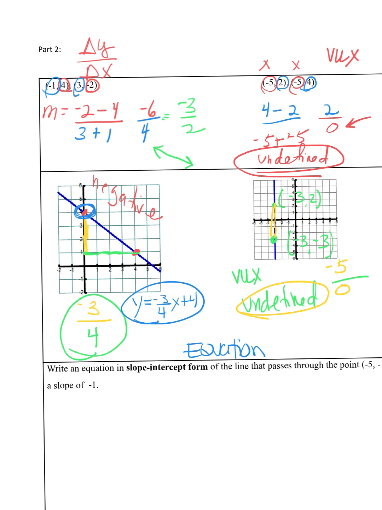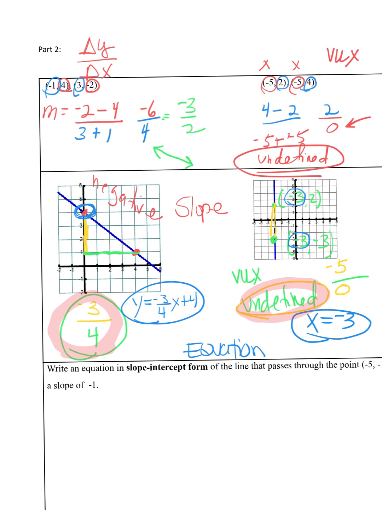Over here, every x point would have an x value of negative 3. And so therefore the equation of the line has to be x equals negative 3. So remember, we want to be careful about the difference between if we're asking for the slope, which would be negative 3/4 or undefined, versus the equation.